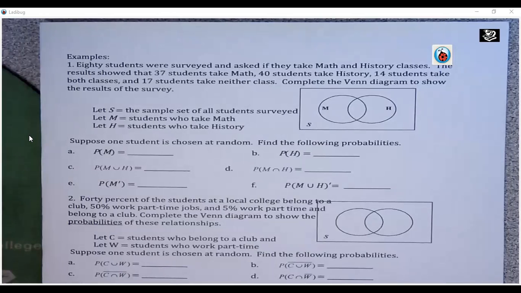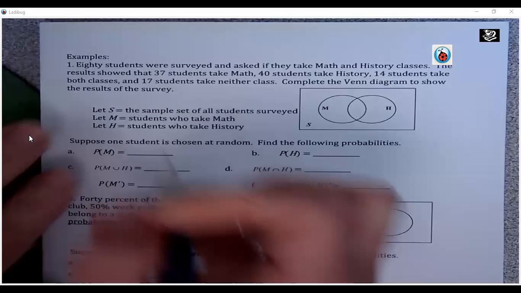Okay. All right, so I'm going to fill it in with pencil first and see if what we think lines up. How many total students were surveyed? 80. 80. Okay, so we need to keep that in mind.